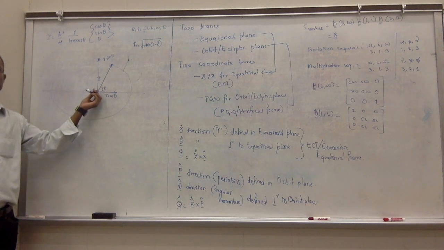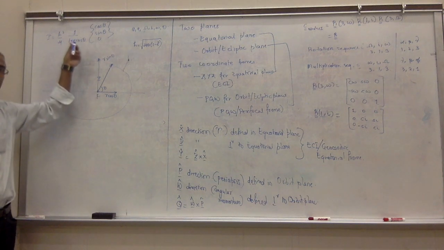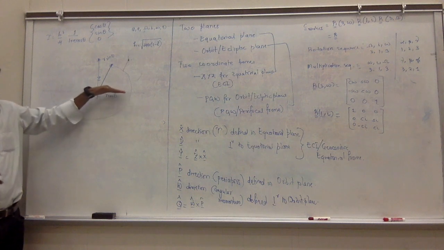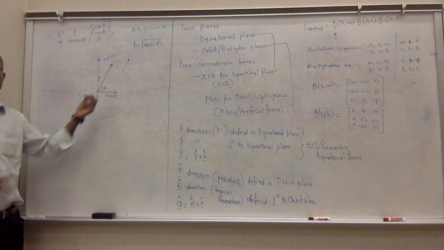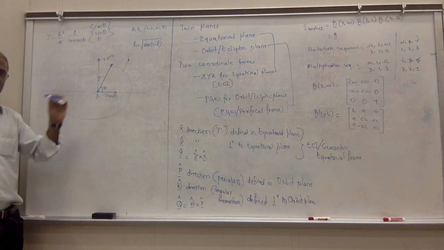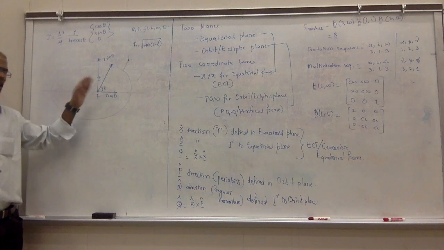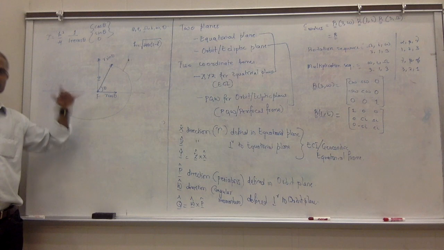This is actually not the XYZ, this is a PQW component. This is the P component. This is the Q component. There is no W component. Got it? There can never be a W component for R, because if R has a W component, it means it will change the plane, which is not possible.